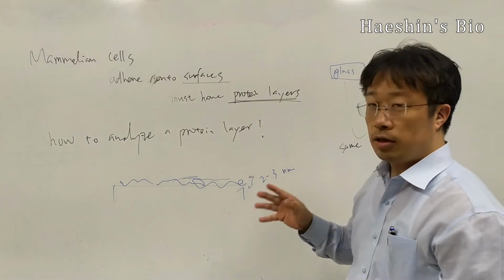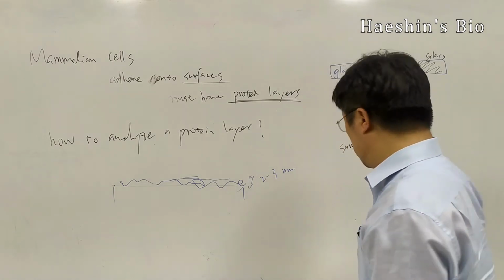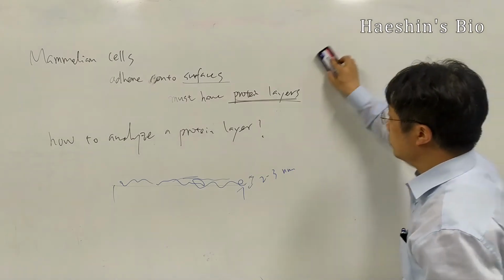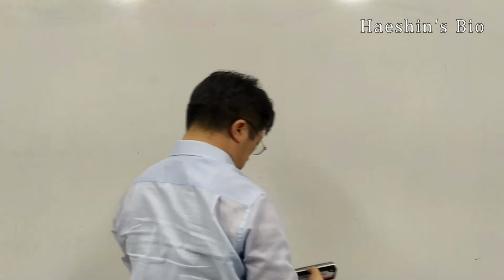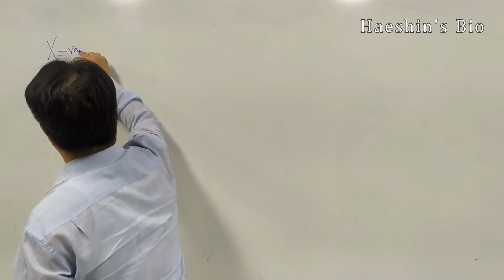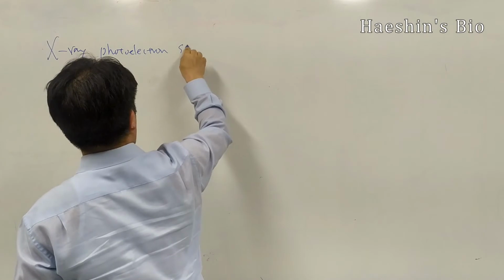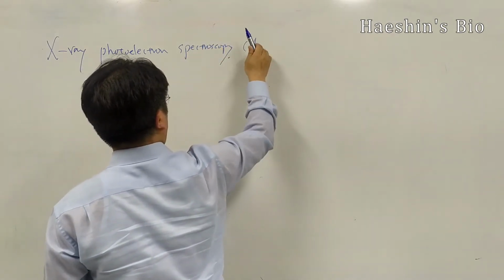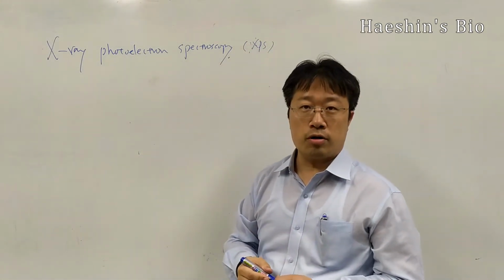But there's a way you can actually analyze the proteins. That is what we call a surface sensitive technique. The XPS, we call this X-ray photoelectron spectroscopy.